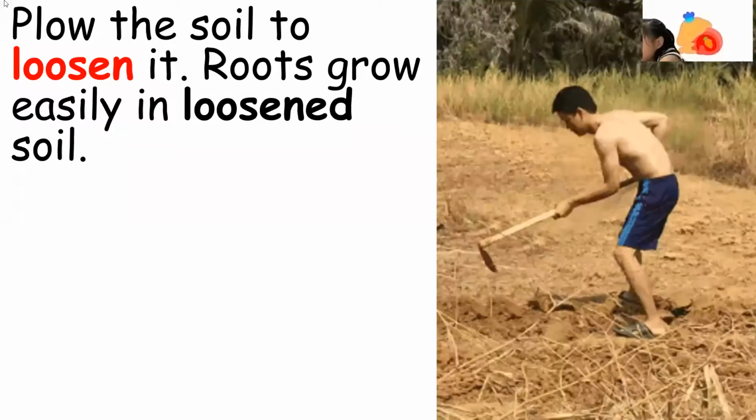Number one thing that you have to consider, you have to plow the soil to loosen it. Roots grow easily in loosened soil. What do you mean by plow? Plow is like this.